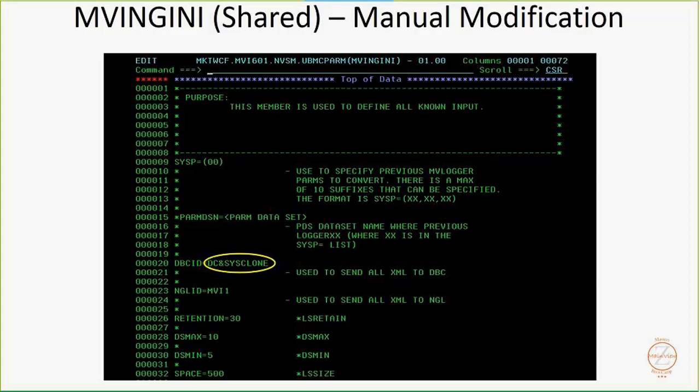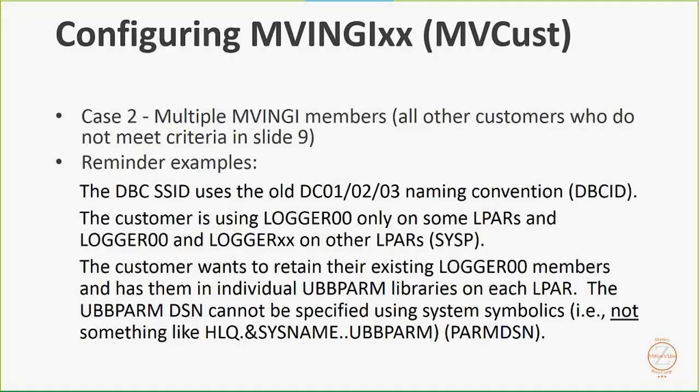There's no way of doing that unless you want to set up a special system symbol that contains that value. Same thing, NGLID. If you change that, from MVI1 on one LPAR and MVI2 on another LPAR, it's not going to work, right? So it's really important to keep these things in sync if you're planning on using a shared member.